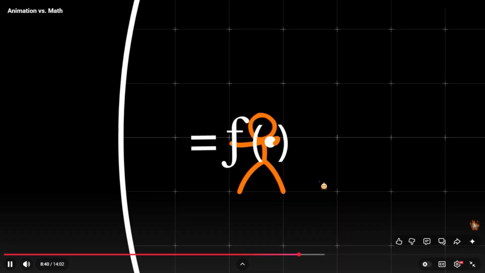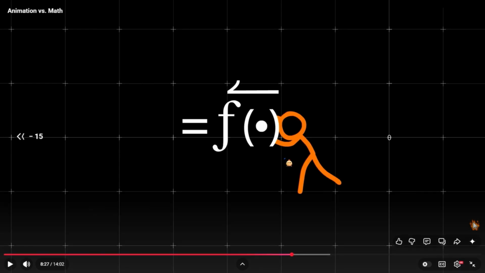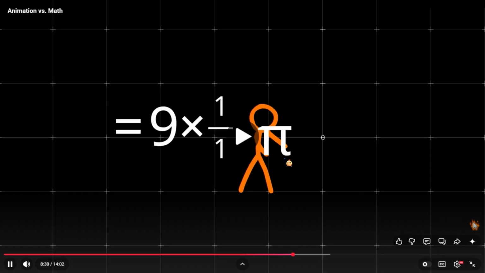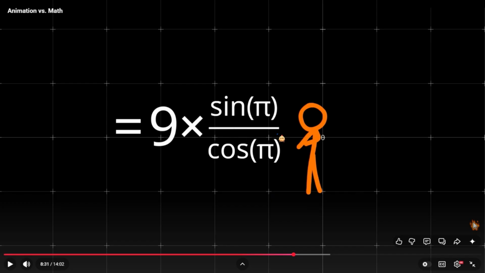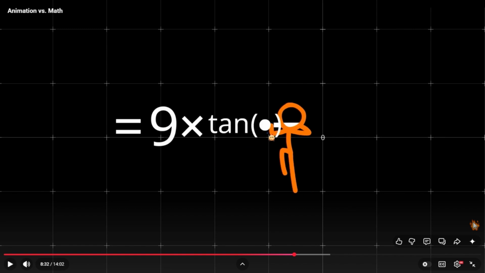Okay, cool. I don't know how this works, but probably it's the formula that just happened here. It's the same thing here. It becomes the formula of that. So this thing, it's pi, so 9 times tangent. Wait, what?